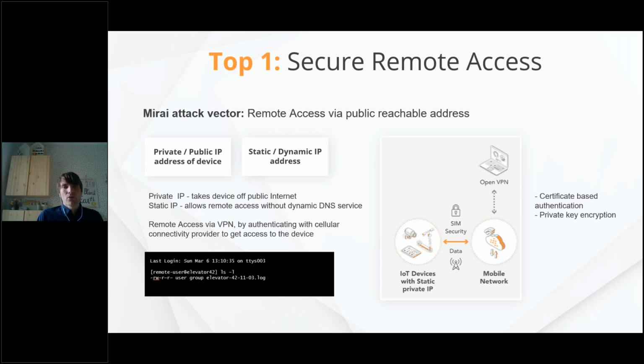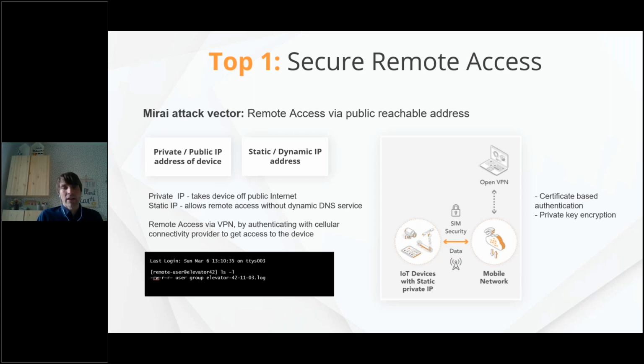If you want secure remote access, for example to get log files, to get data that's stored there, or to execute commands, you have to be careful when choosing the connectivity provider. Usually you have two different, or actually four different, versions of IP addresses. There are private and public IP addresses.